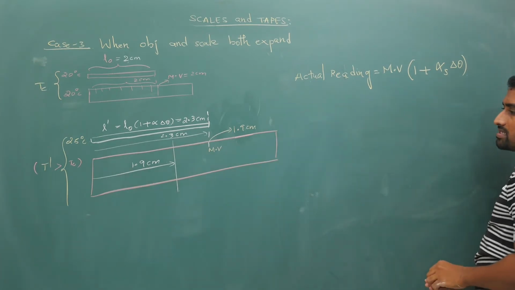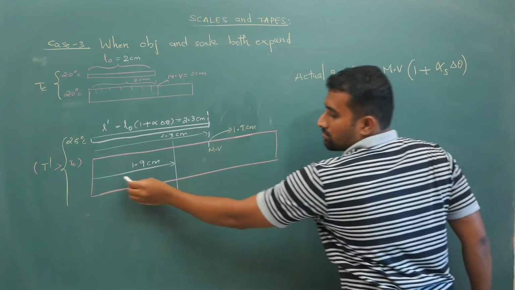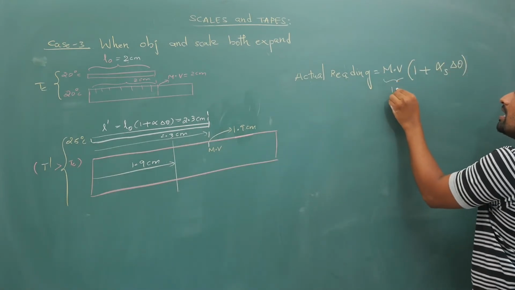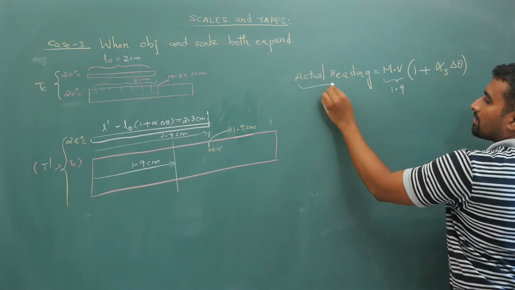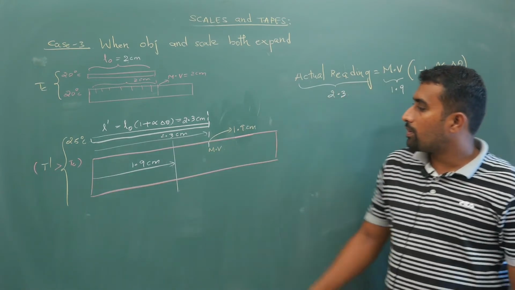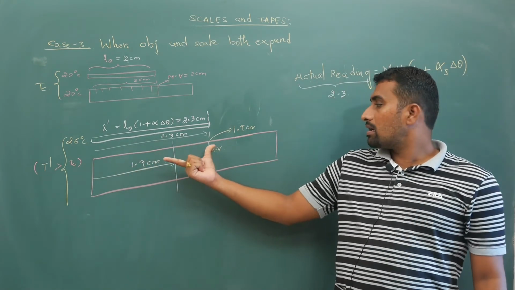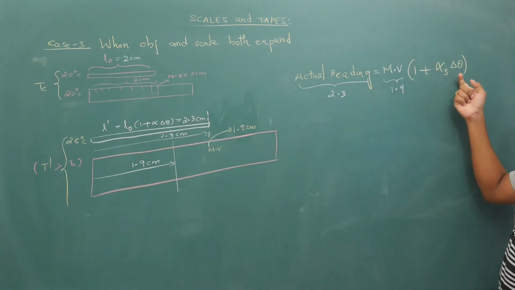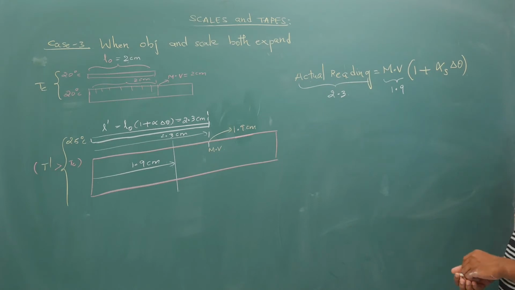Measured value is 1.9, so 1.9 is expanding and the actual reading is 2.3. That is why 2.3 is 1.9 times 1 plus alpha of scale into delta theta.